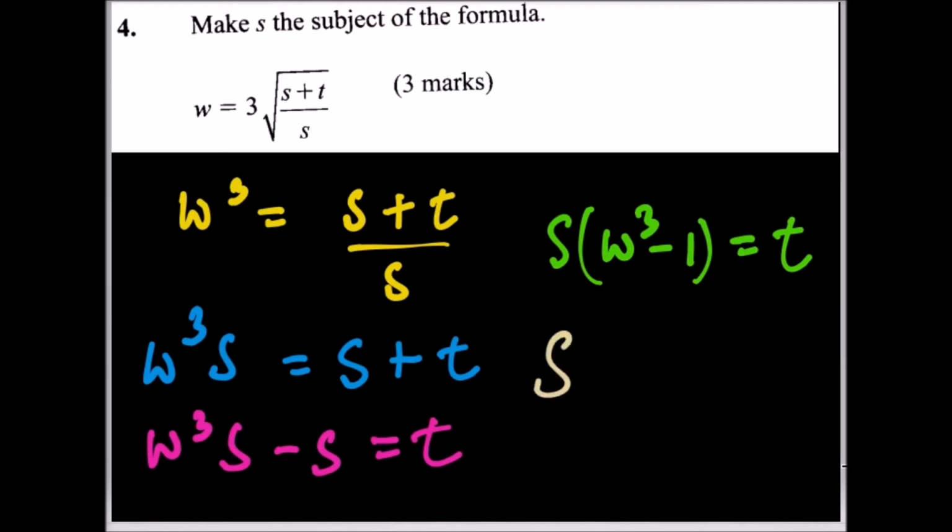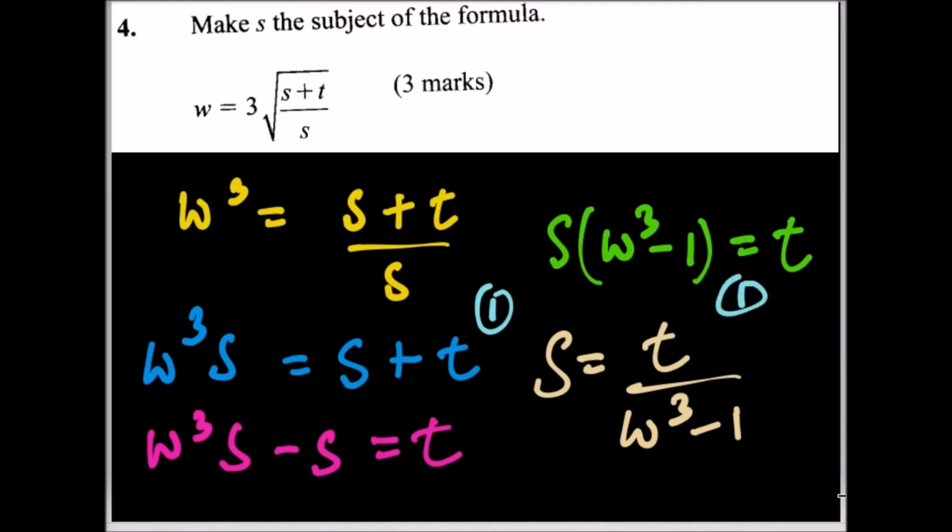So our S is equal to T divided by W cubed minus 1. So that's how you work out that. So you'll be allocated the marks. Here maybe you get 1 mark there, then you can get 1 mark there, and you get 1 mark for the answer. So that's how you work out that question.